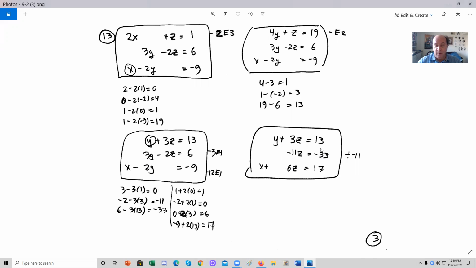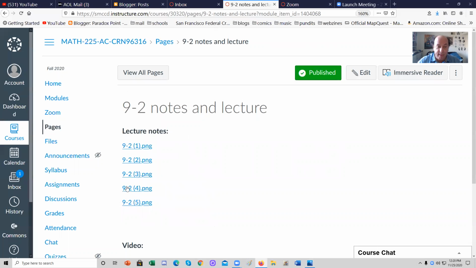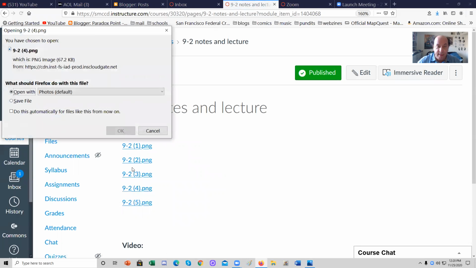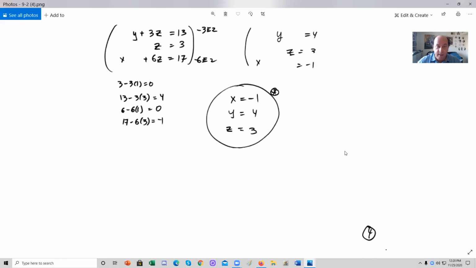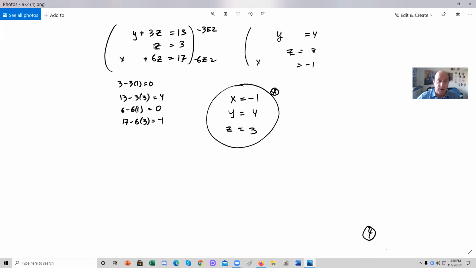Okay, we've eliminated all the variables except z from the second equation. We'll rescale, divide by -11, and we get z equals 3. All right, z equals 3. We'll eliminate the 3z from the first equation by subtracting 3 of equation 2 from equation 1.